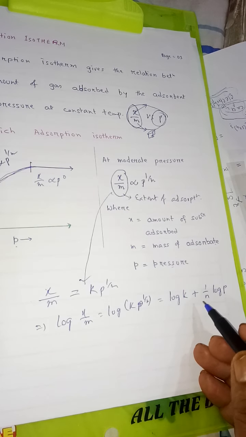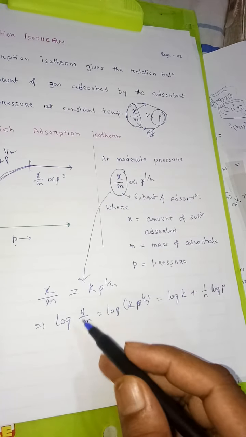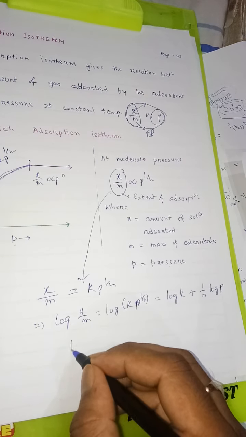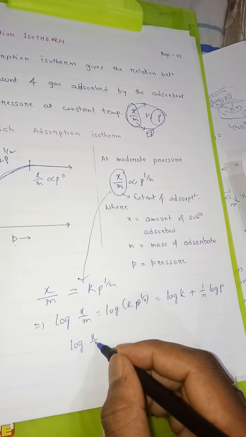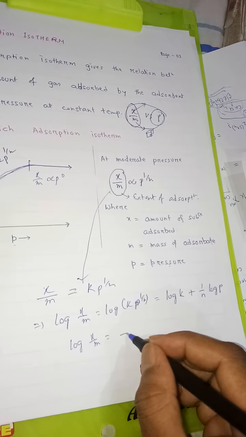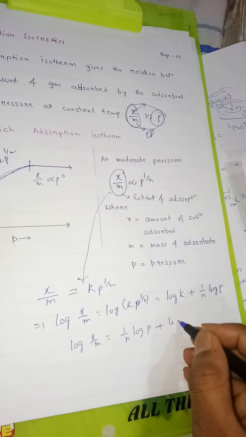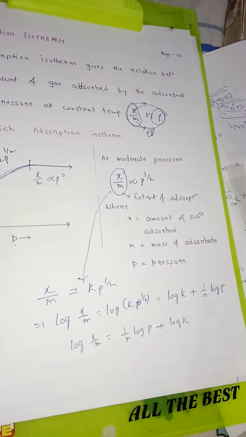So the equation comes: log x by m equals log k plus 1 by n log p, or you can write log x by m equals 1 by n log p plus log k.